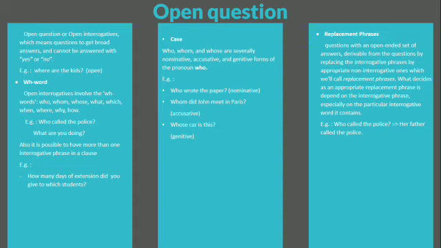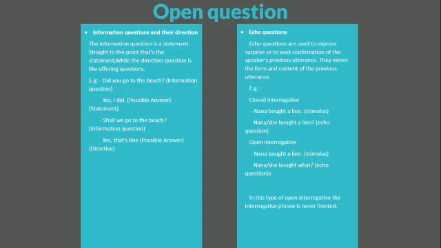In this example, we can see that the answer provides the information that is asked, and also it replaces the phrase of the question. Her father is the information, and it replaces the interrogative phrase of the question.